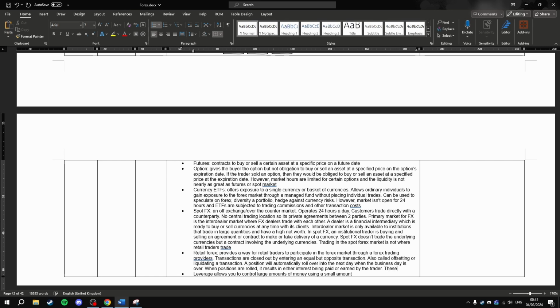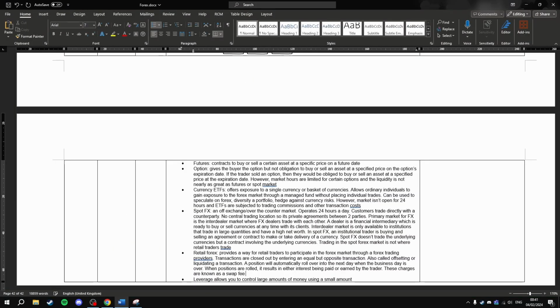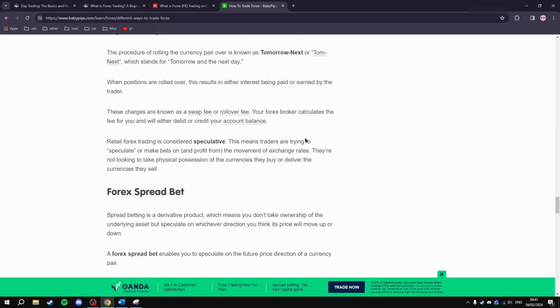These charges are known as a swap fee or rollover fee. Your forex broker calculates the fee for you and will either debit or credit your account balance.